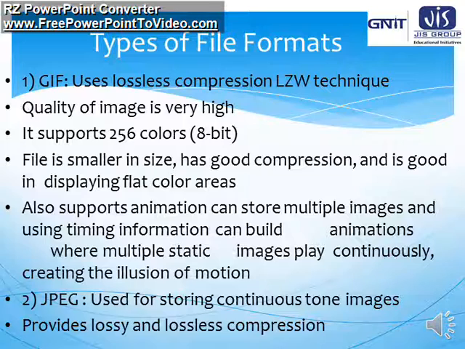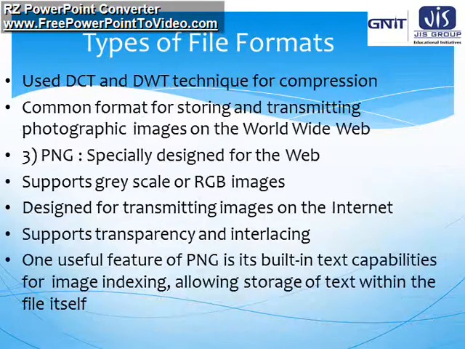JPEG is used for storing continuous tone images and provides lossy and lossless compression. It uses DCT and DWT techniques for compression. It is a common format for storing and transmitting photographic images on the World Wide Web or internet.